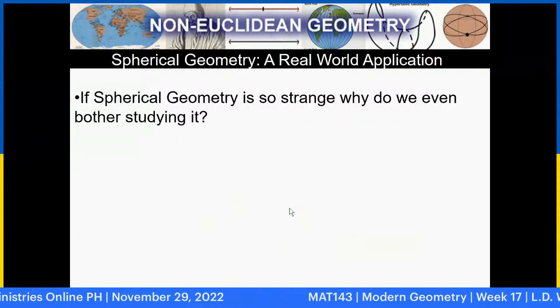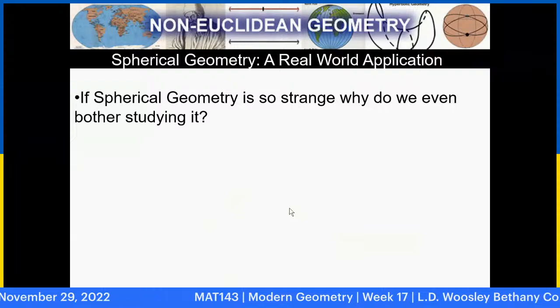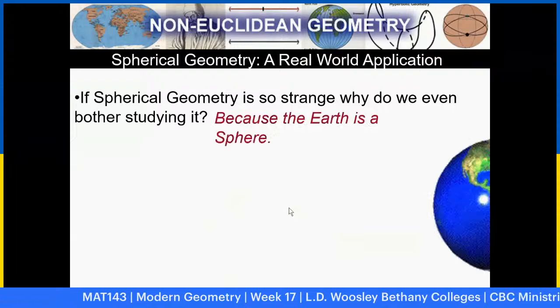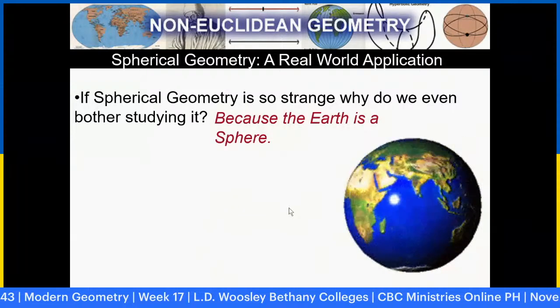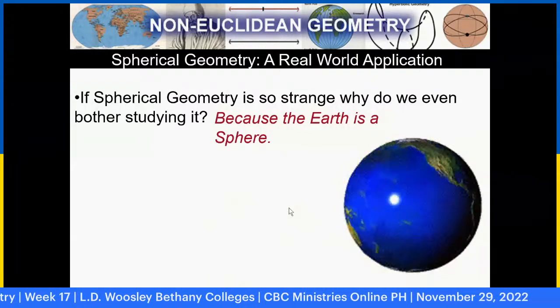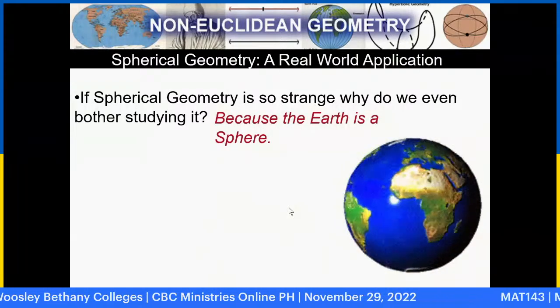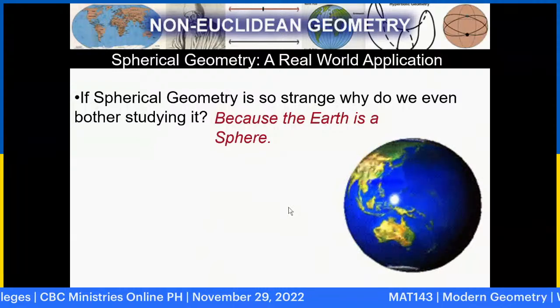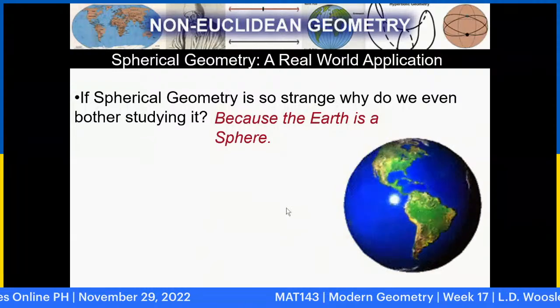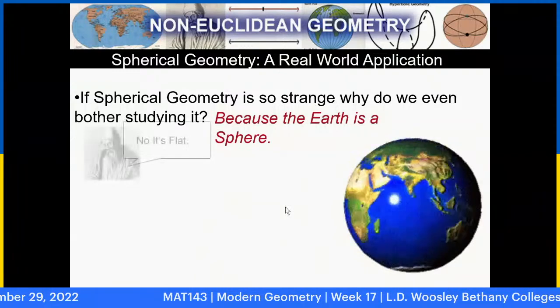If spherical geometry is so strange, why do we even study it? That's a big question. Because the Earth is a sphere, basically. It's not flat. It has the characteristics of a sphere, so we need to learn spherical geometry as well.